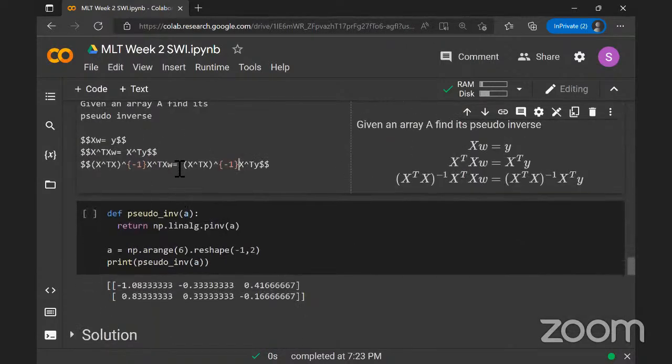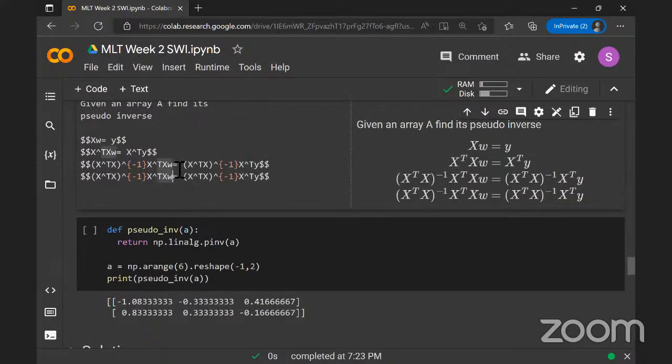Okay, so the left hand side will become something like this. This will be cancelled.